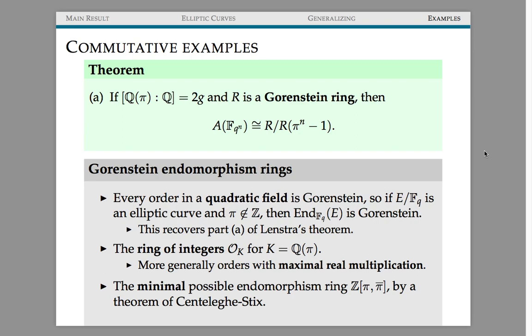So that would be an order, even though it is not maximal itself, it contains the ring of integers of the totally real subfield that sits below it. And then on the other end of the spectrum, just like we could say something about maximal endomorphism rings, where that's the ring of integers, we can also say that in the minimal case, we also have a Gorenstein ring. And the minimal case will be the endomorphism ring Z[pi, pi bar].